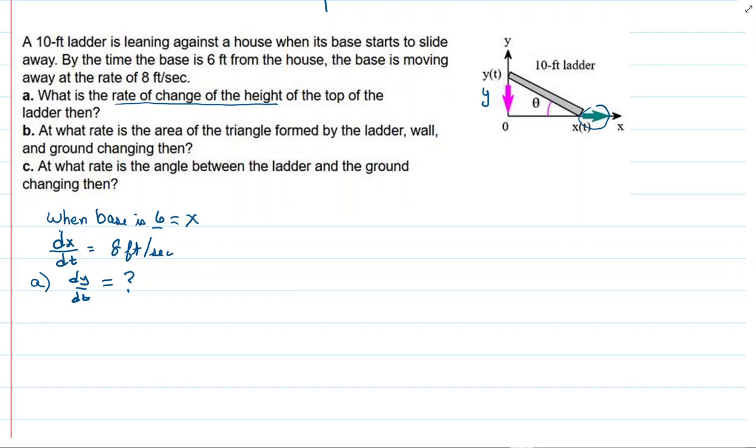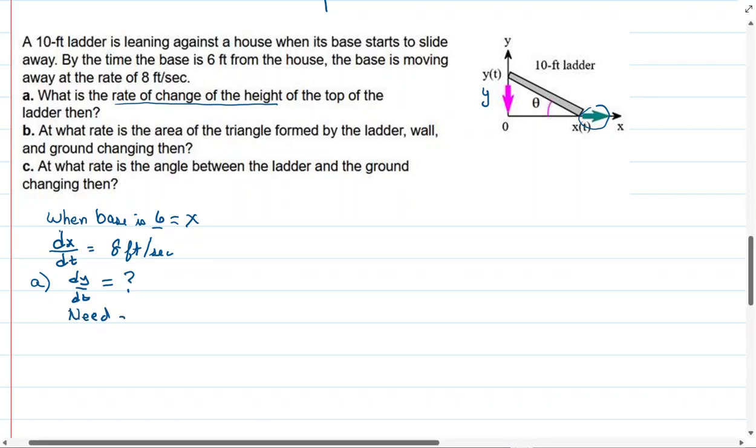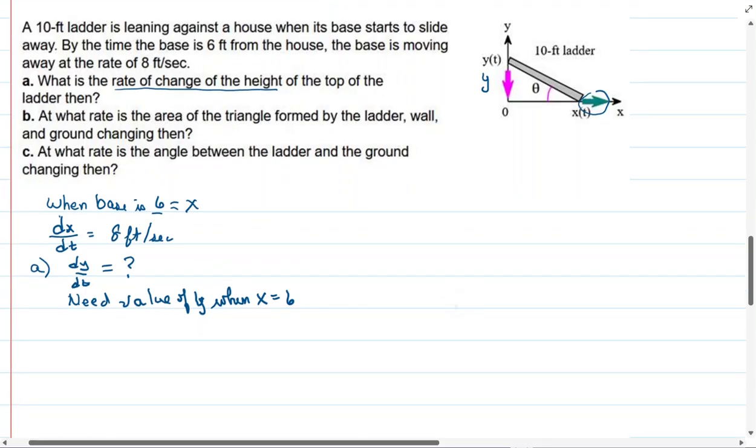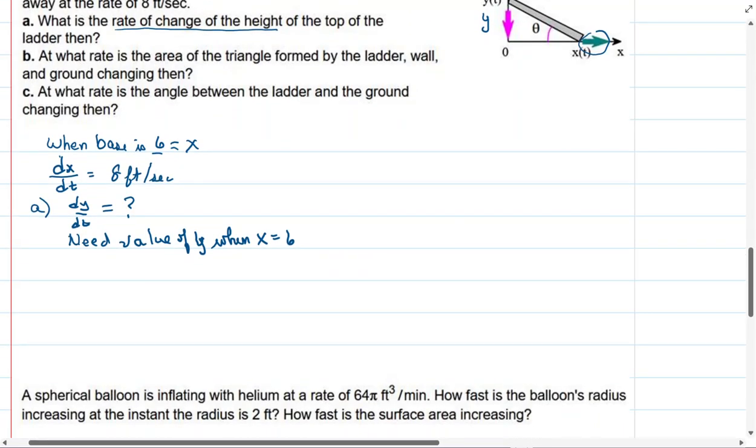Well, I'm going to have to find the value of y when x is 6. Okay. So what formula do I use? Absolutely. So let's do that first. Is that okay? I mean, we can do it at the end. But let me do it now.